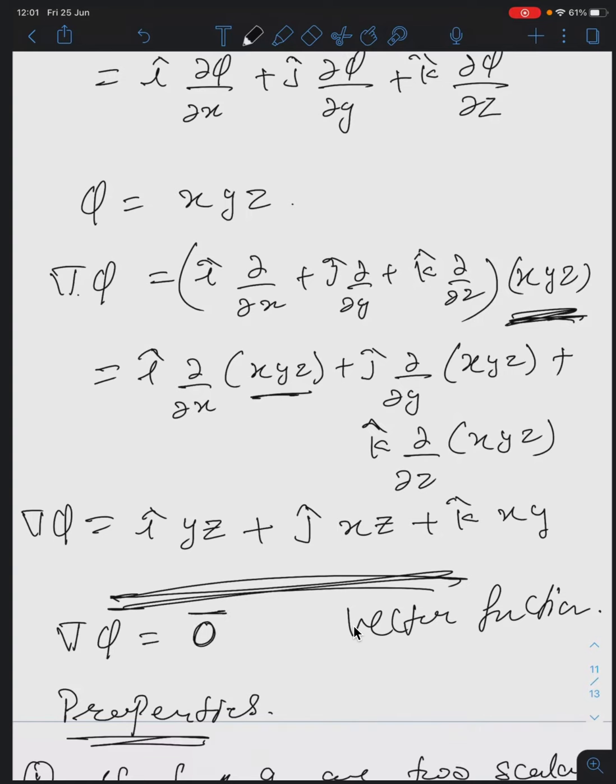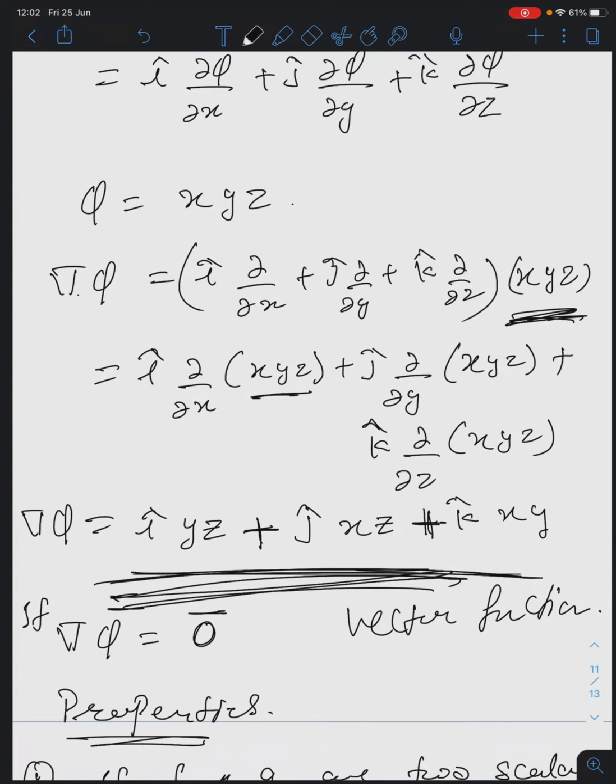In which case is this possible? If phi is a constant. Will you get zero in any other way? No. Only in one way you will.